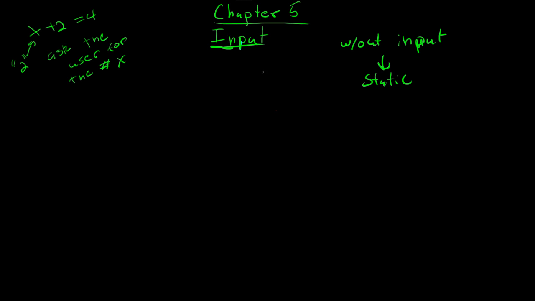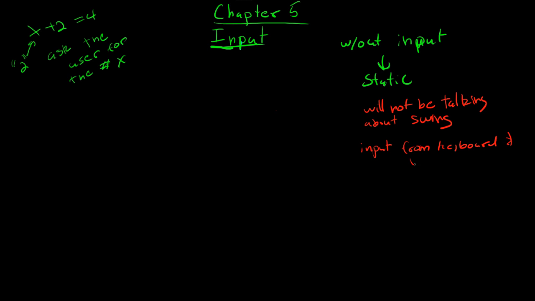The type of input we will not be talking about is some of the more advanced Swing components. These aren't really components of Swing, but we use Swing with them. So, input from keyboard and mouse.